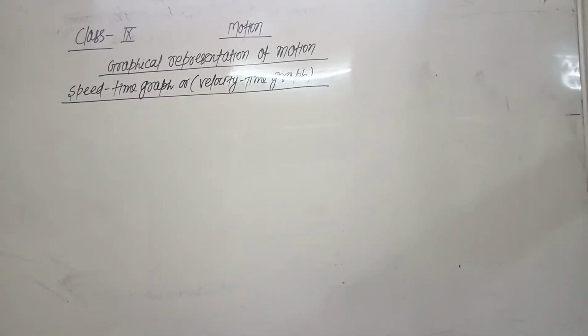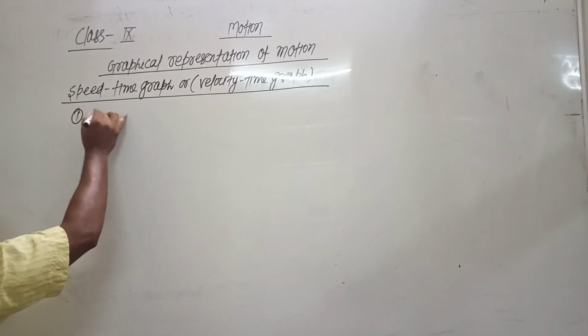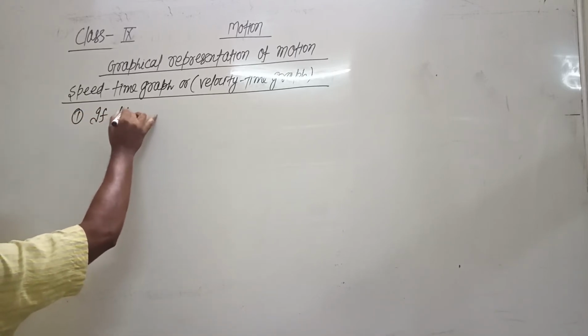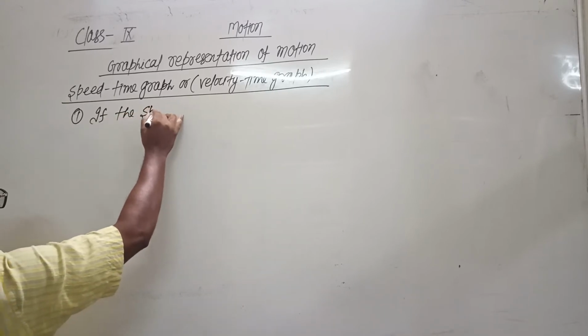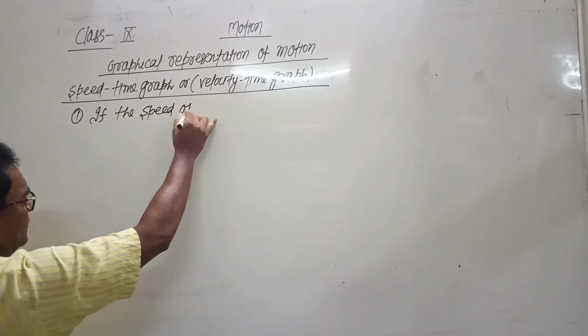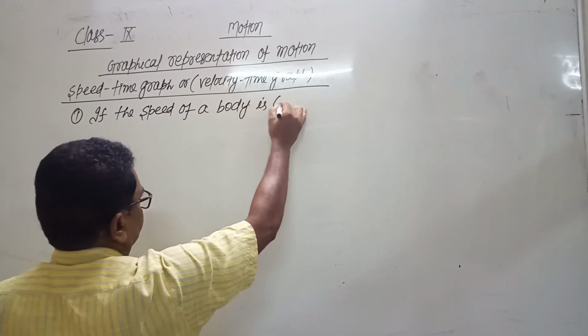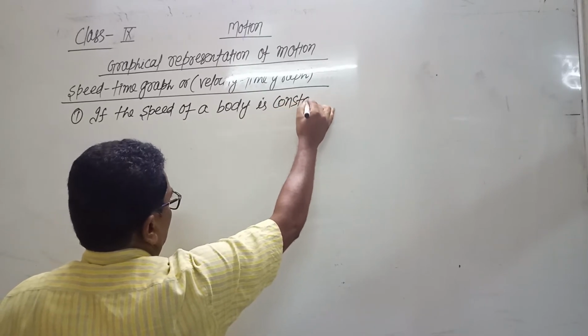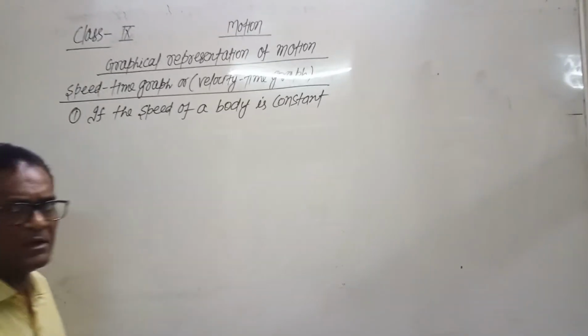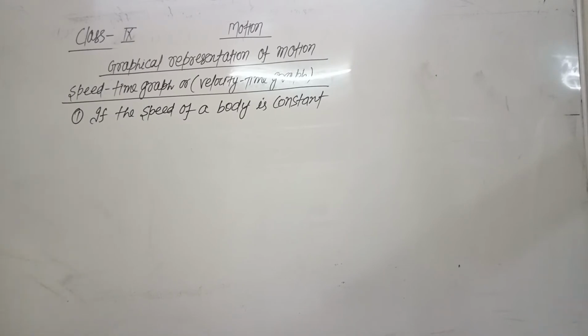So when the speed of a body remains constant, there is no acceleration. Three points you will keep in mind. If the speed of a body is constant, it means there is no acceleration.